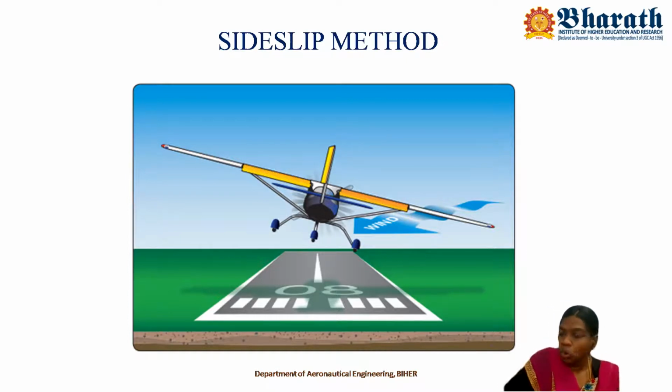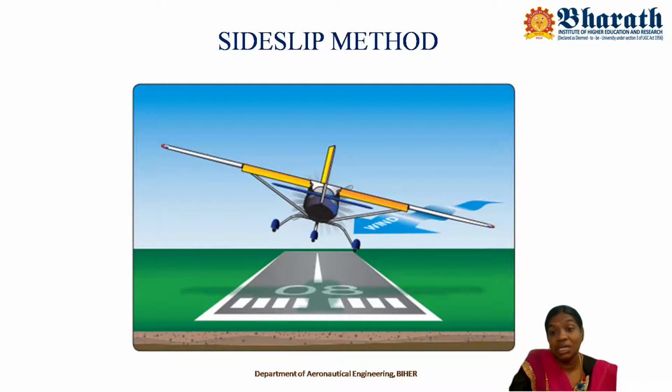So he should hold the upwind wing down, and the heading is controlled by the opposite rudder deflection. And during the touchdown, the pilot should ensure that the upwind main wheel touches first, followed by the downwind main wheel. And you should keep the rudder straight and hold full aileron into the wind, and gently lower the nose wheel to the runway. Got it? So finally, he'll apply the brake to stop the aircraft.